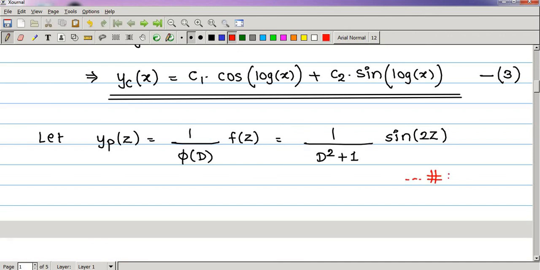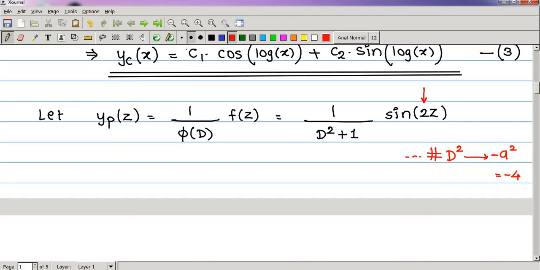Here the shortcut method formula is to replace D square by minus a square, where a is the coefficient of the independent variable z in the function. That is, we replace D square by minus 4. Therefore our required value for the particular integral is 1 upon (minus 4 plus 1), which is minus 3, into sine 2 times z.